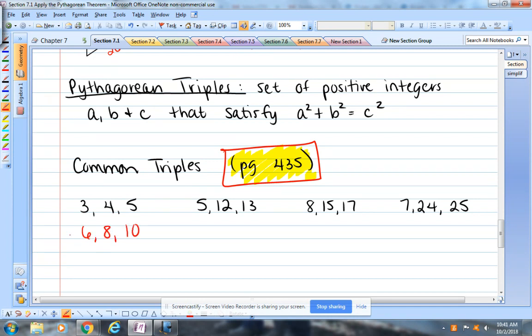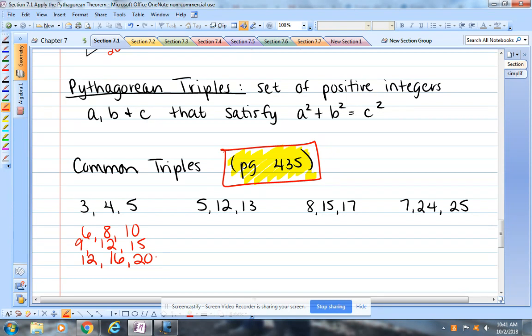If I triple everything, I could have a 9, 12, 15 triangle. If I quadruple everything, I could have a 12, 16, 20 triangle. And those are all simplified to a 3, 4, 5 right triangle.